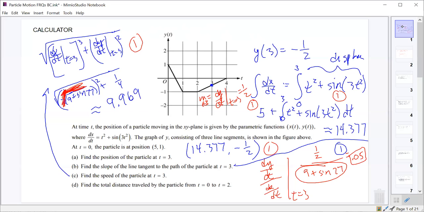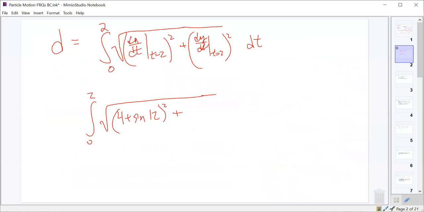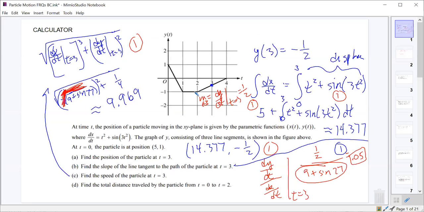All right, cool. And so as we look here, if we're trying to do this value for dy dt at t equals 2, that's a problem for multiple reasons. Specifically at 2, dy dt doesn't have one specific function to represent it, so we have to take a look at each piece separately.